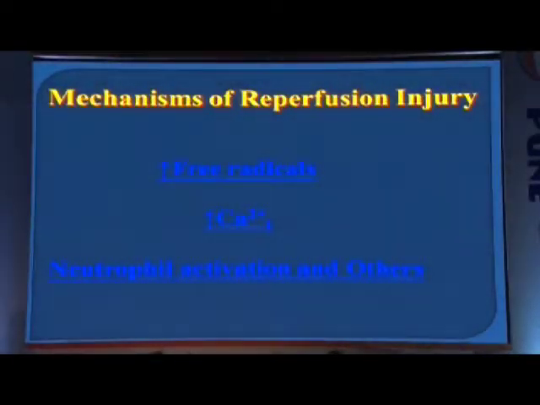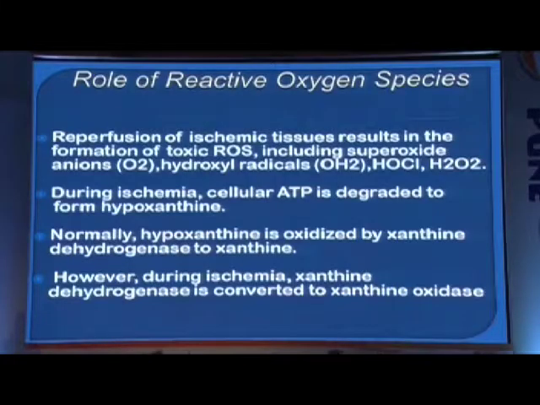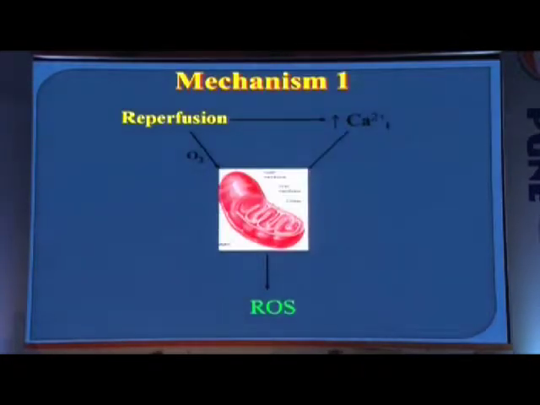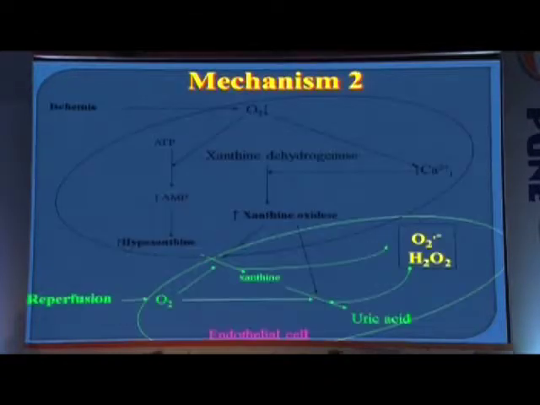So what are the mechanisms of reperfusion injury? There is increased free radicals, increased calcium, and also neutrophil activation. I'll skip this. So the reperfusion produces a lot of oxygen-free radicals by various mechanisms. This is one mechanism by which the reactive oxygen species are produced.